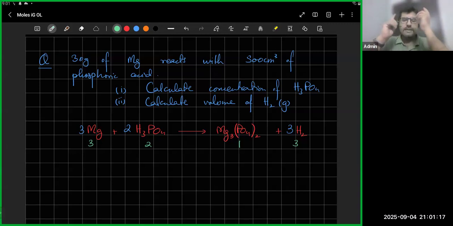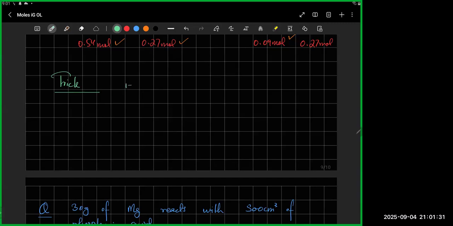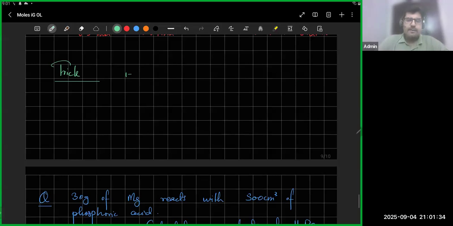Second thing, let's write it down somewhere. So the trick is, what is the Mr of Mg? That is 24. Okay, let's first do the trick. The trick is: first thing, find the ratio between reactants and products.